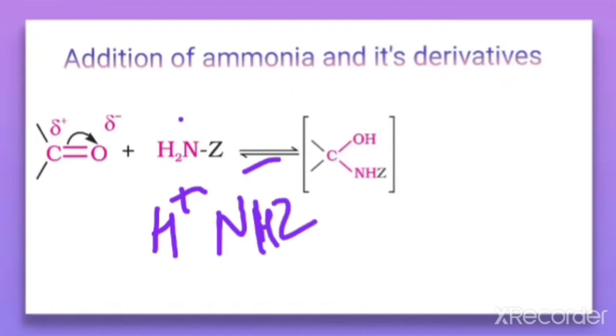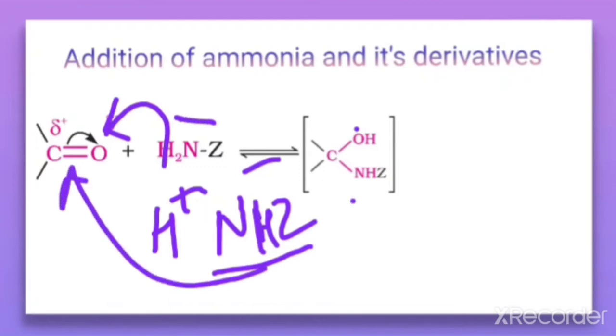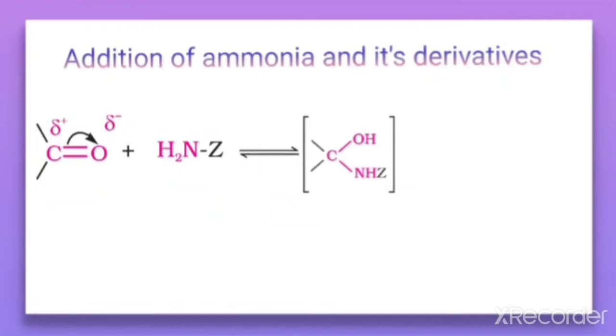The positive part H gets attached to this oxygen, therefore we get OH here, and NHZ minus, the negative part of this derivative, is attached to this carbon. So in this way you have to do it. No need to memorize it, just remember which is the positive part, that you attach to the negative part of the carbonyl group, and which is the negative part of the derivative, that you attach to the partially positively charged carbon of the carbonyl group.